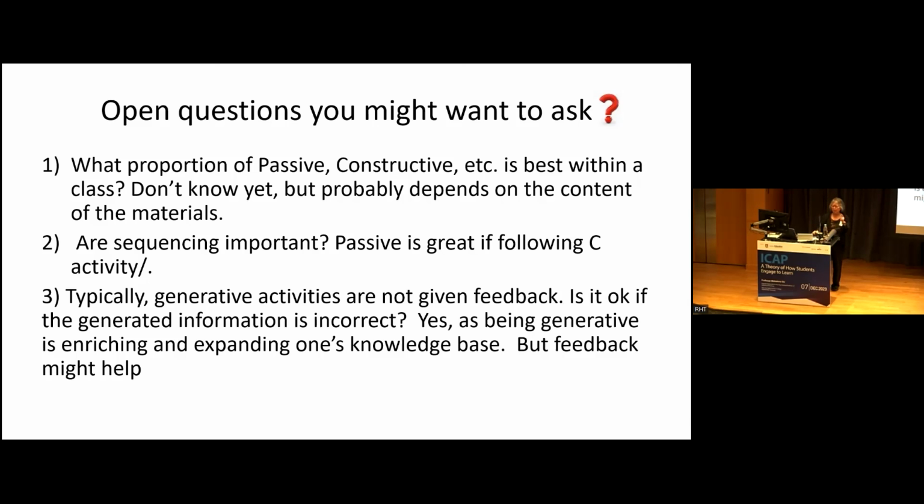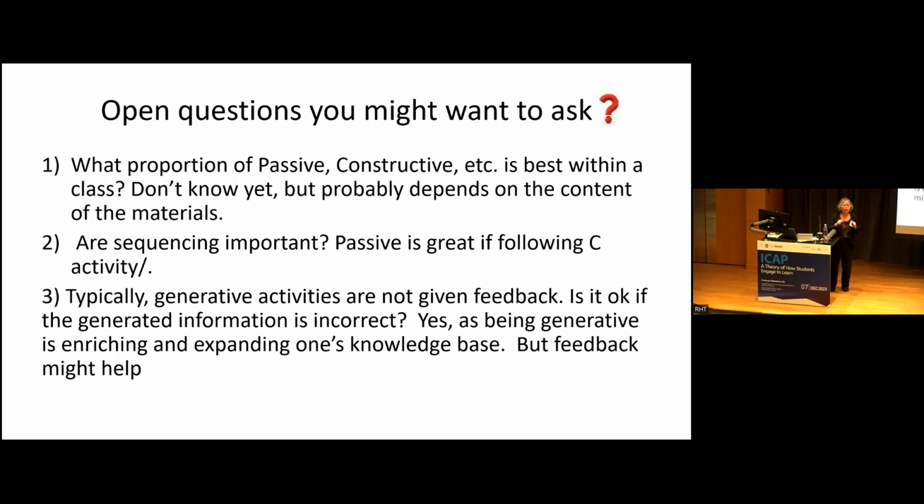Oh, this is very important. Typically, generative activities are not given feedback, right? When you self-explain, nobody gives you feedback. And in fact, 25% of self-explanations are incorrect. Is that a problem? No, it turns out it's not a problem, for a couple of reasons. One is that if you generate something incorrect, ultimately you'll see something in the text that contradicts what you already know. Creating that impasse or conflict might actually allow you to learn faster, right?